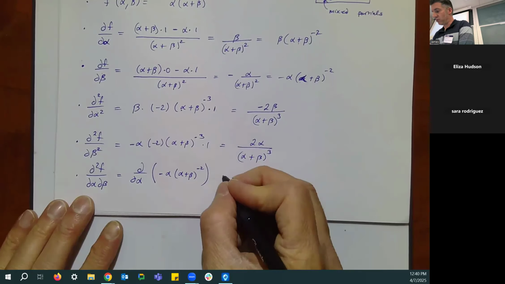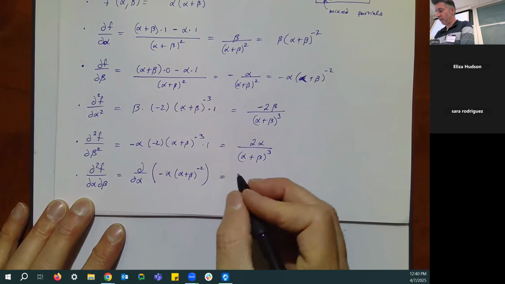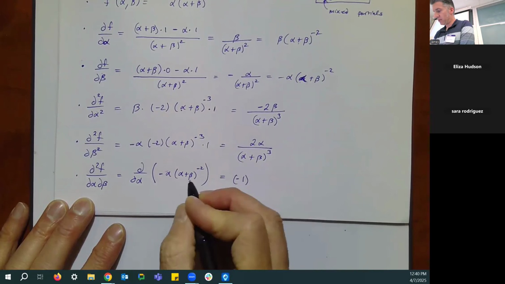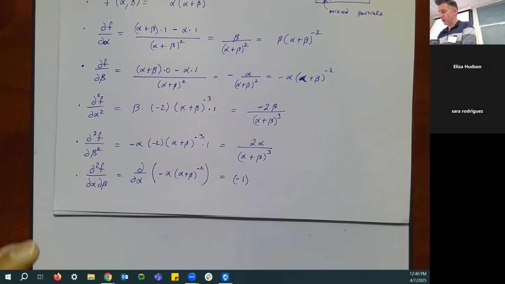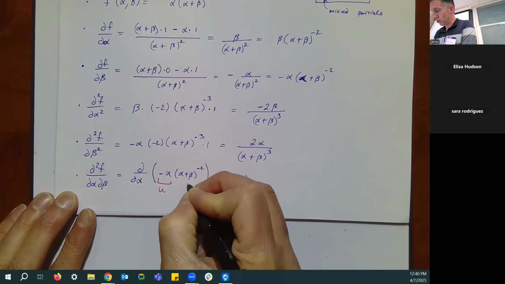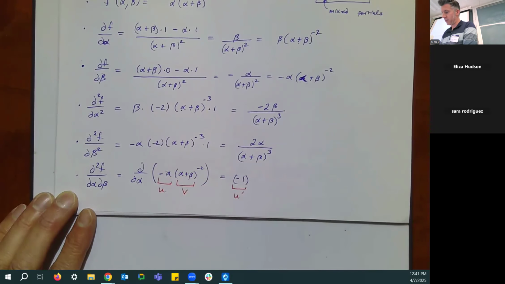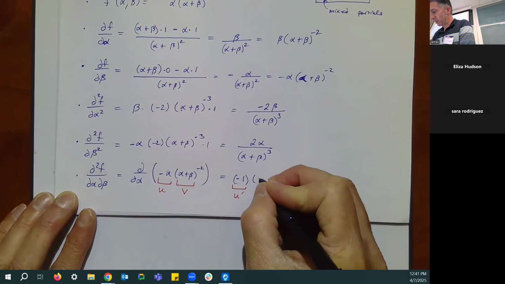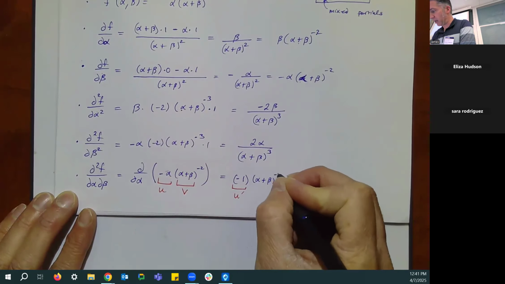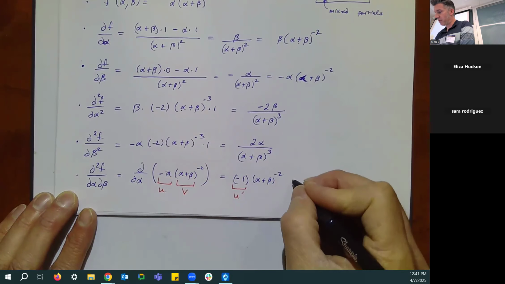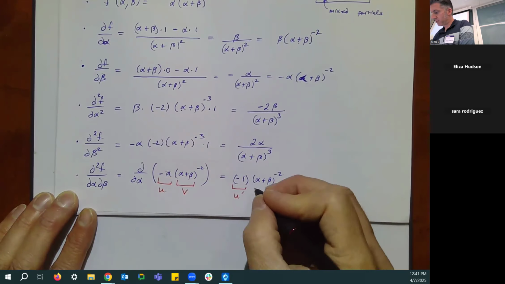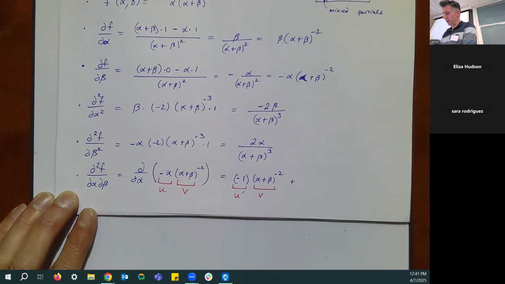So I'm going to do the following. It's going to be the derivative of negative alpha is -1 times, leave the other part alone. If you like, we can use this u and v notation. There's my u prime. Leave v alone. It's alpha plus beta to the negative second. Switch it up. Leave u alone.